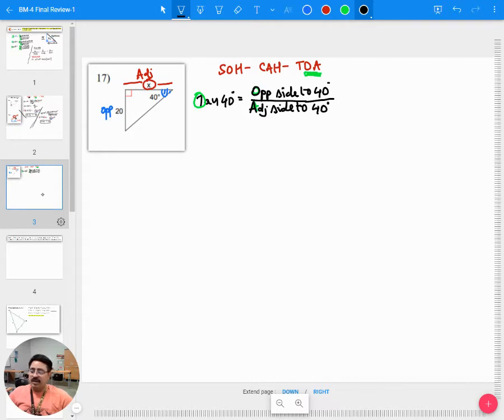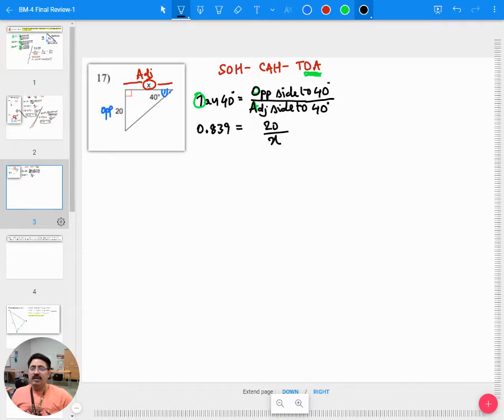Now, tan 40, again I'm using my calculator, is giving me 0.839. 0.839 equals, what is opposite? You see that it is given as 20 units. What is adjacent? You see that it is x.